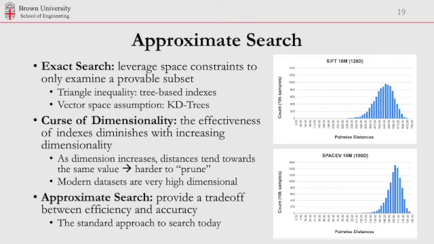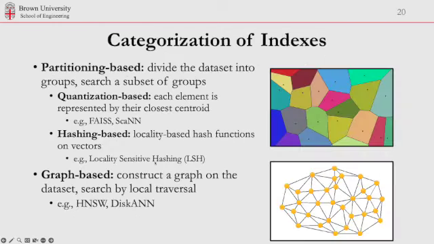So what we see now is a lot of approximate search. This provides a trade-off between efficiency and accuracy. And this is done with graph-based approaches and partition-based approaches, as I'll talk about here.